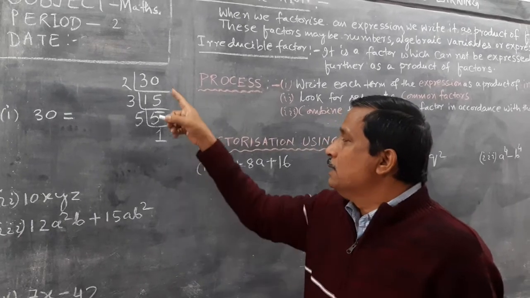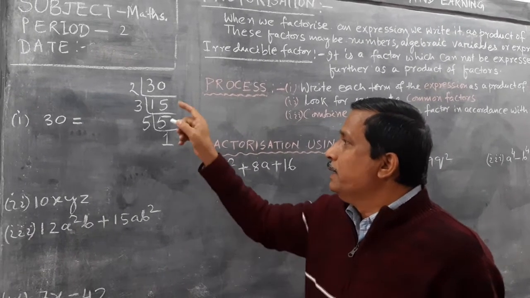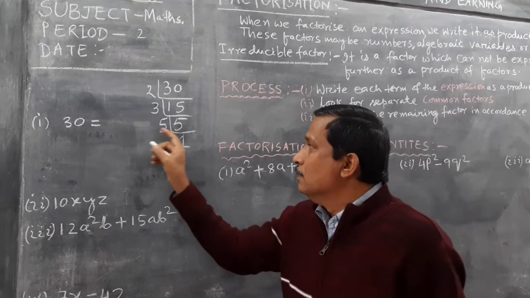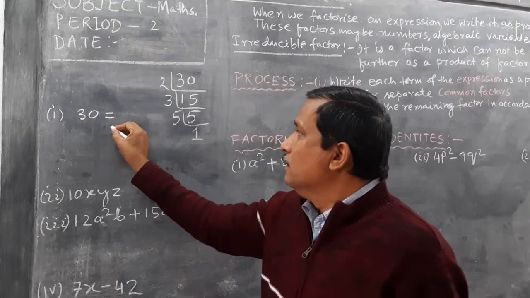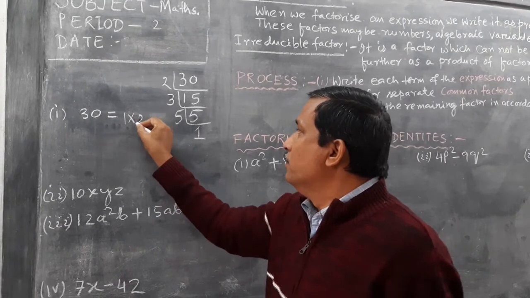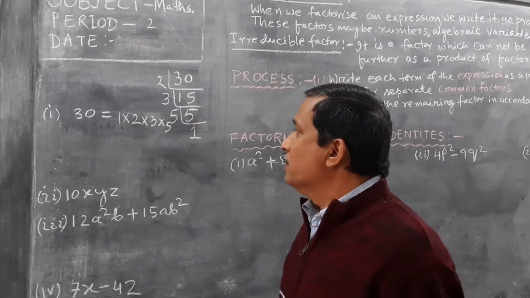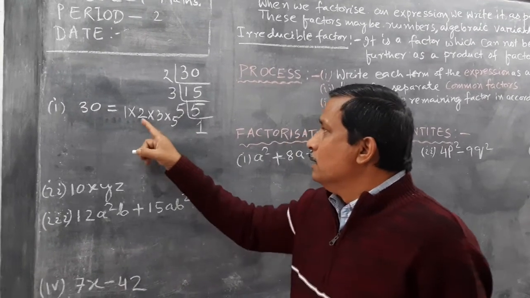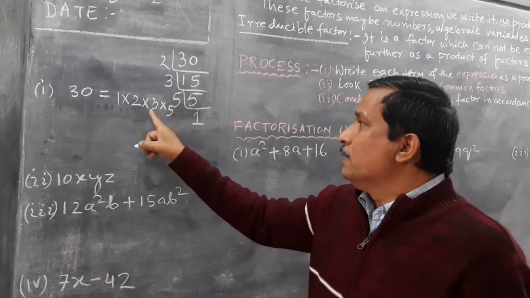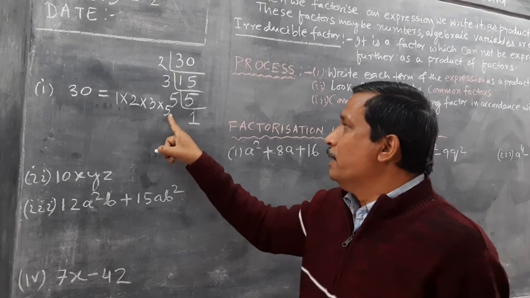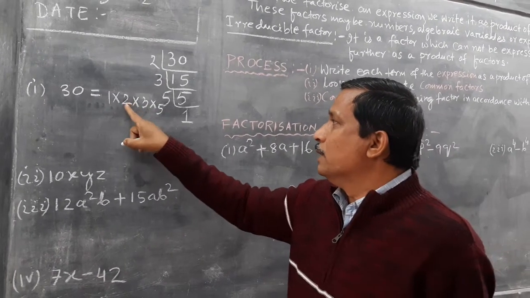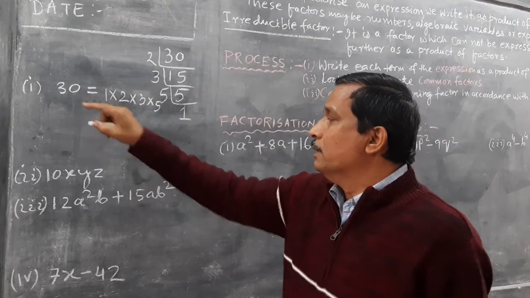Okay, so this 30 can be written as 1 into 2 into 3 into 5. You can check also whether it is coming 30 or not. 5 3s are 15, into 2 is 30, into 1 is 30.